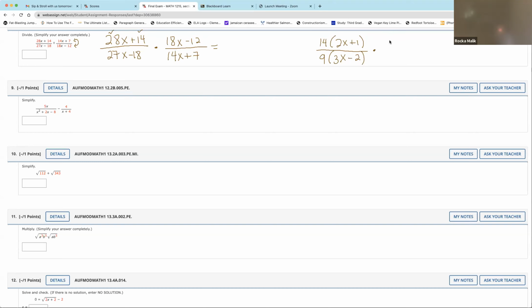The biggest number I can find that goes into 18 and goes into 12 is 6. So 6 times 3 will give me 18, 3x minus 2. And for 14 and 7, 7 will go into both of those terms. So 7 times 2x plus 1.